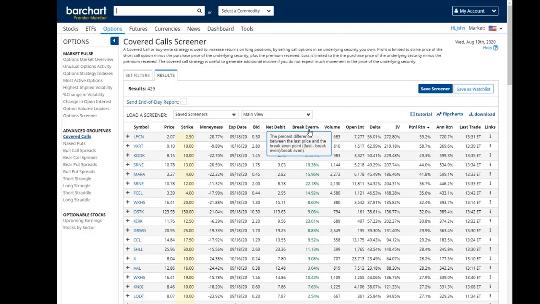The more downside protection I give myself, the less upside potential profit I'm going to get. The less downside protection I get, the greater the upside profit. I want to make sure that my market has enough volume and open interest, right? I don't want to be the only one among maybe 20 contracts. That might be a strike that I want to stay away from.